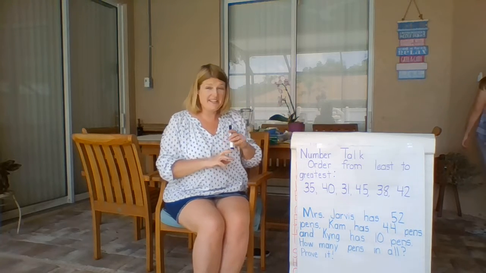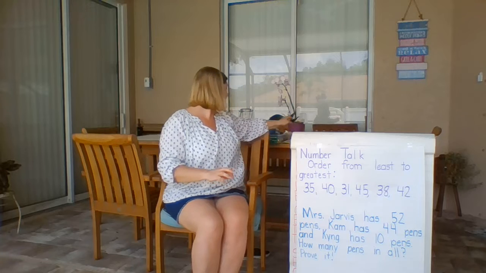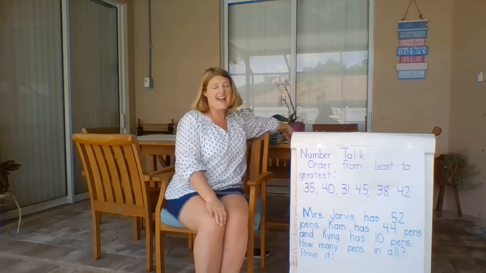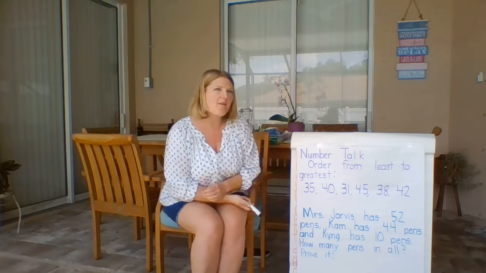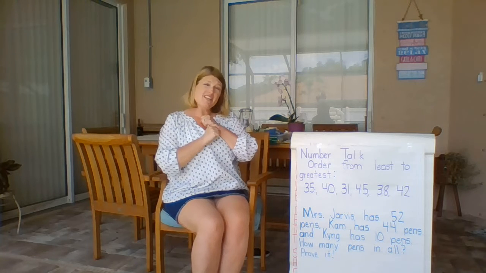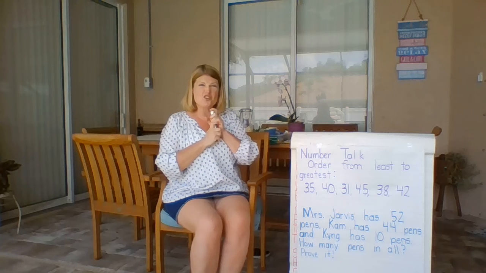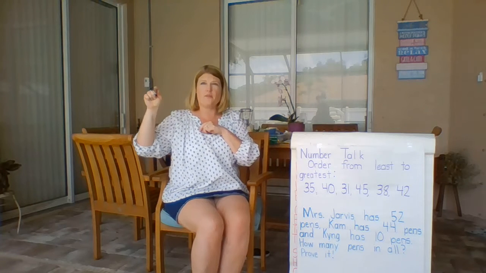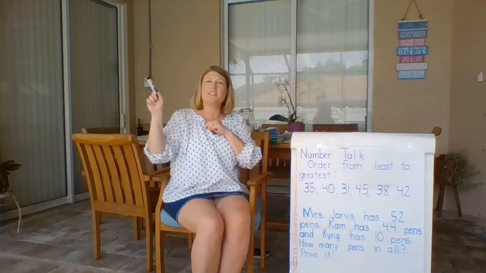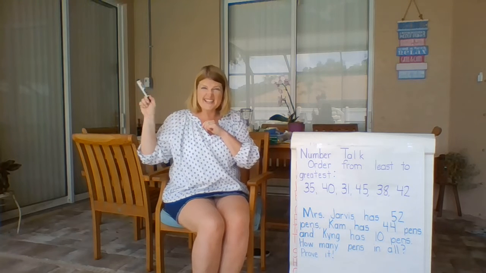All right, so yesterday, in our very first number talk this week, I asked you to order some numbers, and you did such a great job. A lot of you told me my strategy I used was my counting strategy, because I know when I count, I say 30, 31, 32, 33, 34, and the 10s were all the same, and the ones kept getting bigger.